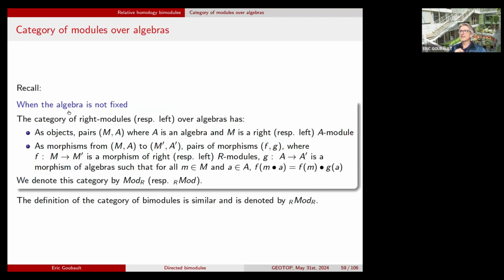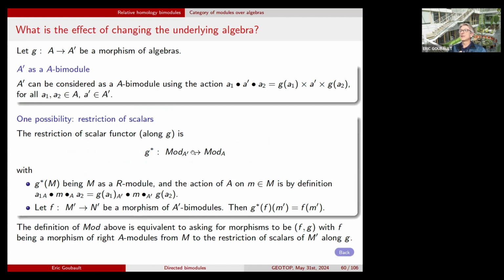So restriction of scalars, when the algebra is not fixed: you have a map of algebras G from algebra A to algebra A', right? And what you want to do with restriction of scalars is restrict A' modules to be seen as A modules.